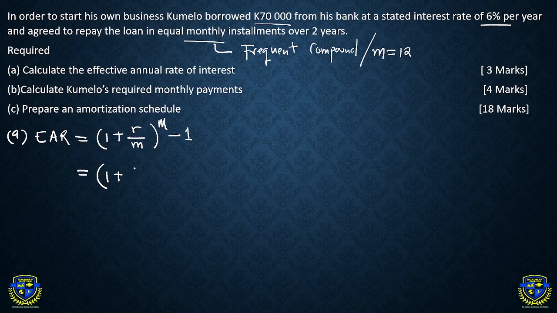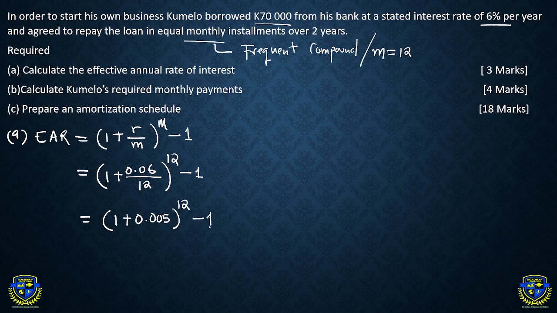When you divide the 6% by 100, you have 0.06, divided by M, which happens to be 12, to the power 12, then minus 1. The 0.06 divided by 12 gives us 0.005, to the power 12, then minus 1.